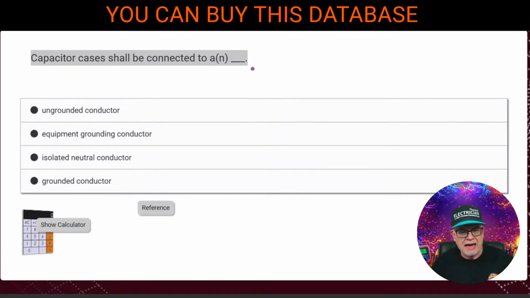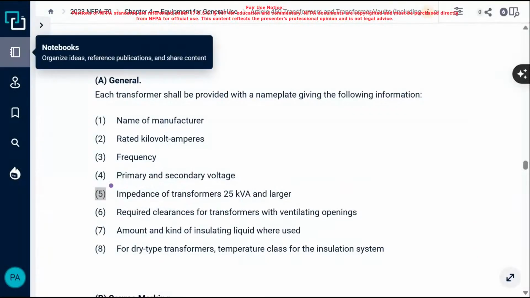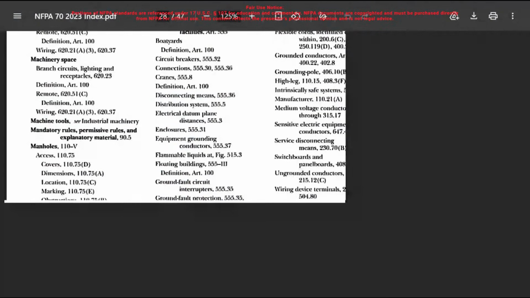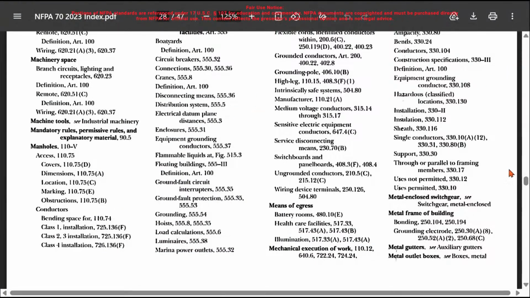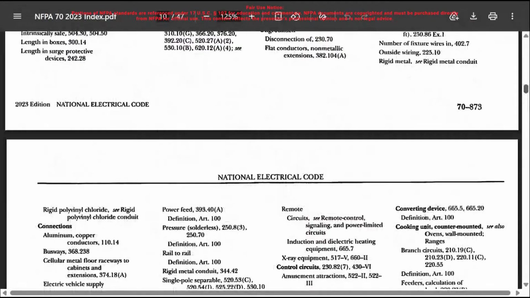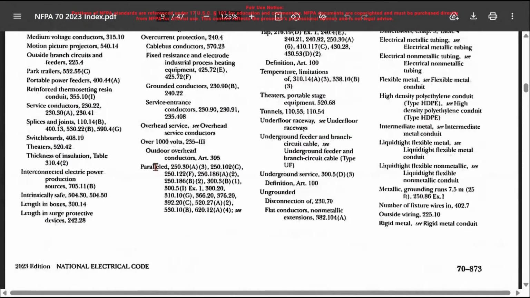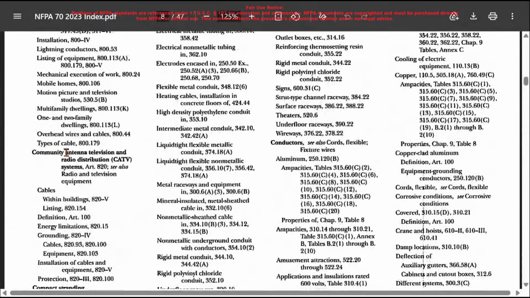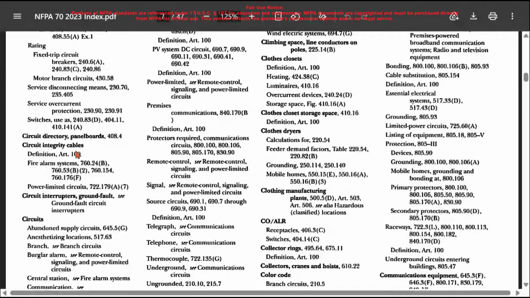Okay, so let's assume we didn't know what article it was. Then we'll go to the index right here, and go down to capacitor. Let's take it all the way up to C's real quick and see if we've got anything under it. All right, there's C, and we've got to get up to A.